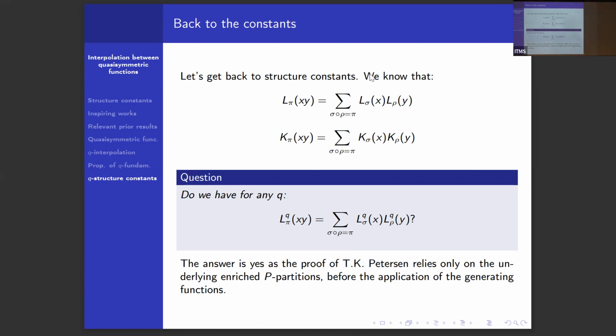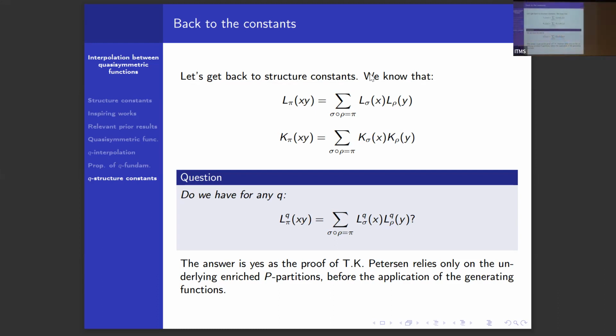So in fact, all the terms are not grouped, and we cannot see any coefficients, just like this. And the natural question to ask here is whether we have a natural way to extend this formula to the case of q-fundamental quasisymmetric functions. So the answer is yes.